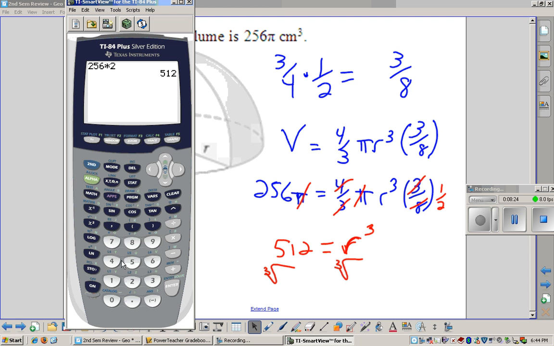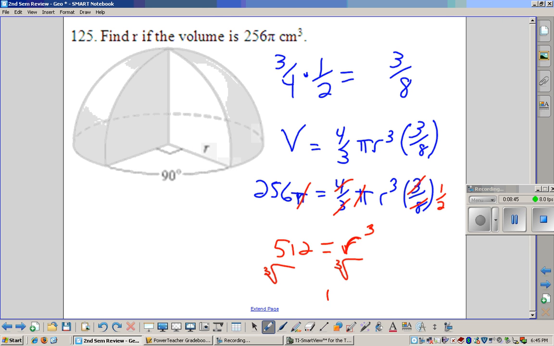We've got 512, so we're going to press math, go down to option 4. And then you can either type in 512 or you can pull second answer, and it pulls up the previous calculation. And the answer is 8, so the radius is 8.